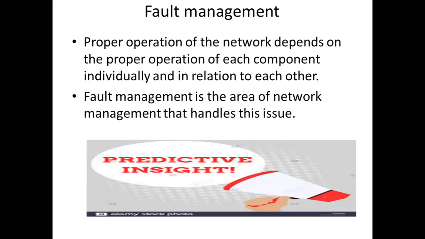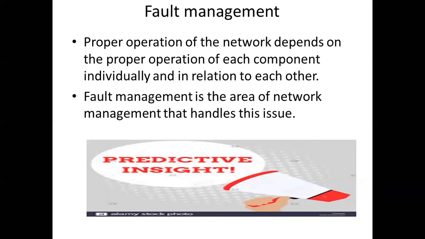But many a time, since there are so many hardware components, and many a time you have downloaded some software components, there could be faults that exist in the network, and that needs to be taken care of. So fault management is the area of network management which handles this issue. This issue means the problems that can occur in a network and how to overcome them. That is handled with the help of what we call fault management.